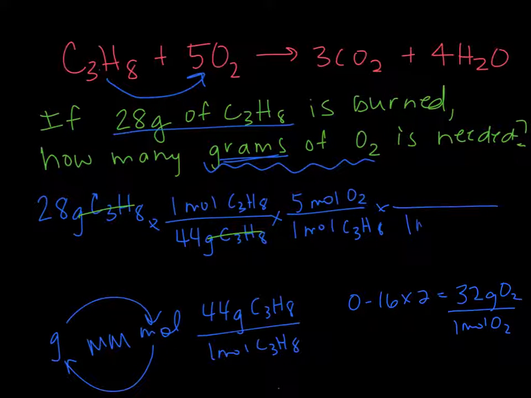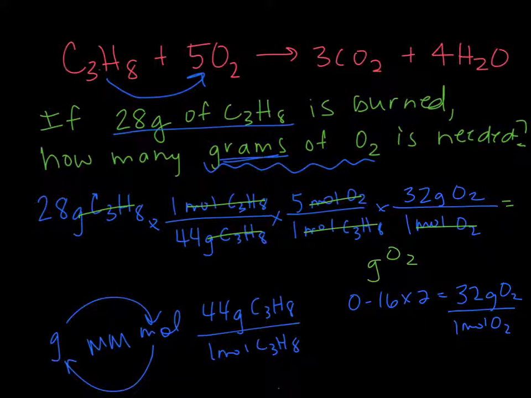So 1 mole of oxygen will go on the bottom because I want moles of oxygen to cancel out, and that's 32 grams of O2. So now I'm going to check my units. Moles of O2 cancel with moles of O2, moles of C3H8 cancel with moles of C3H8, and grams of C3H8 cancel with grams of C3H8. So I'm left with grams of O2, which is what I wanted to find.